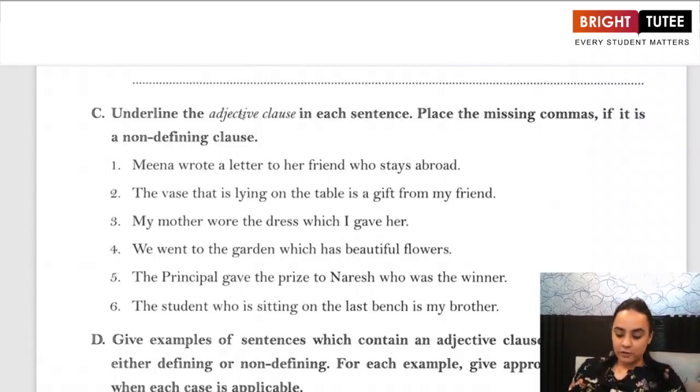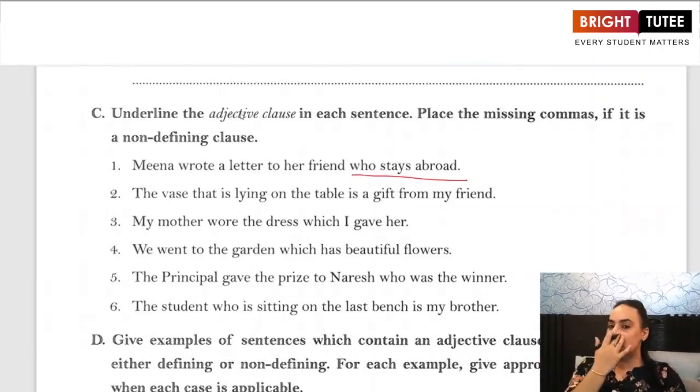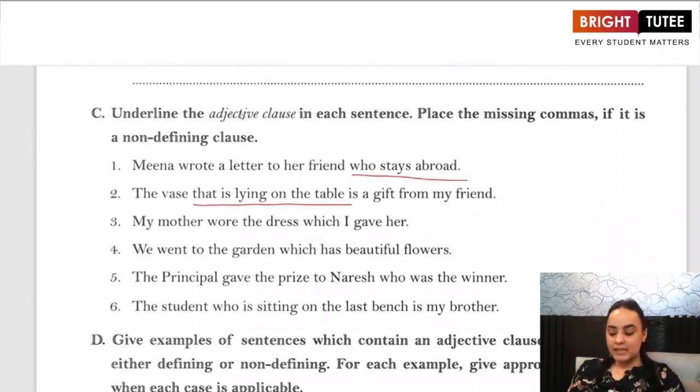Meena wrote a letter to her friend who stays abroad. Next, first we will underline the adjective clauses and then we'll insert the commas. The vase that is on the table is a gift from my friend.